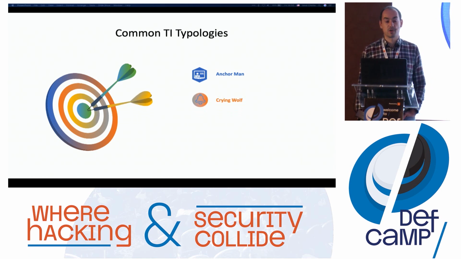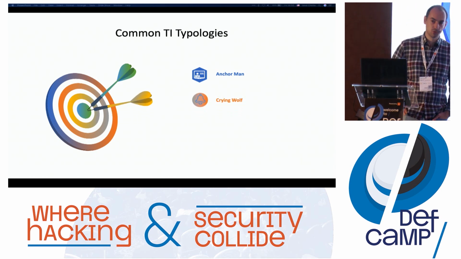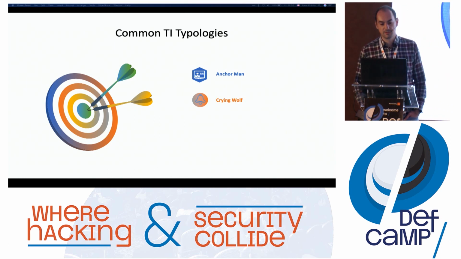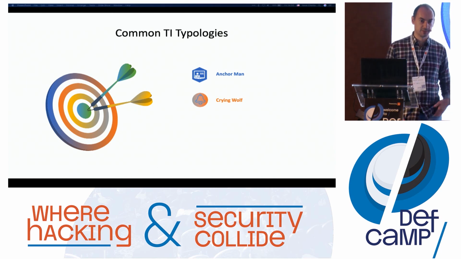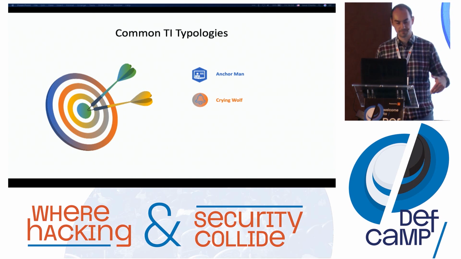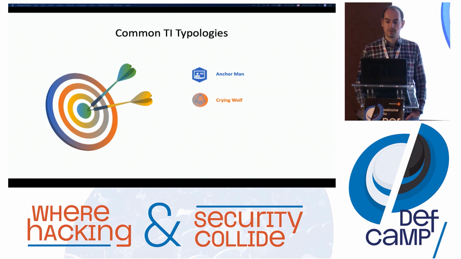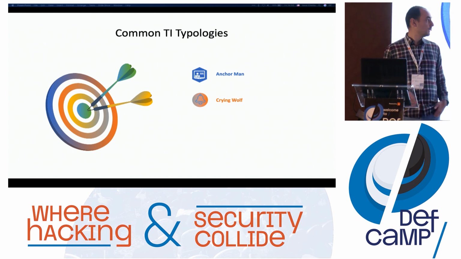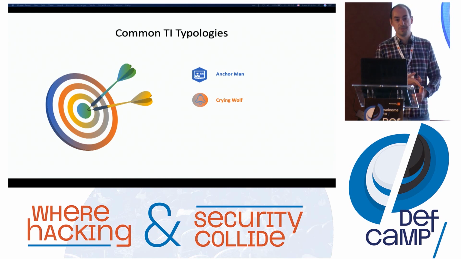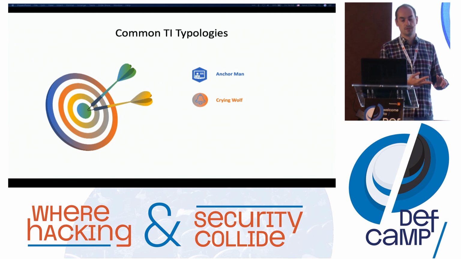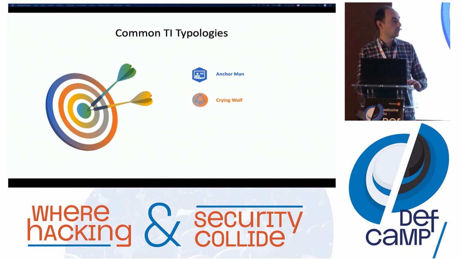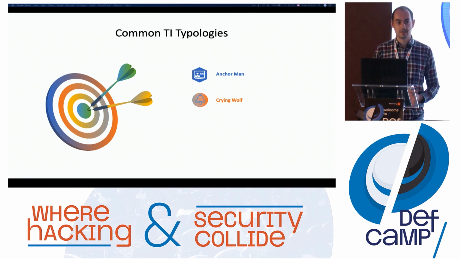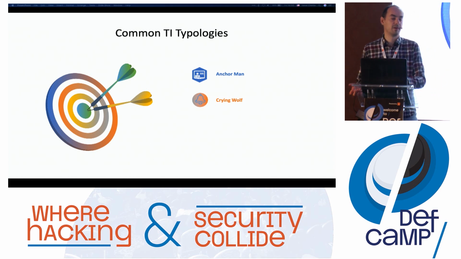The next type is the crying wolf. I wanted to name this one before the Undertaker, the grave digger. Why is that? Because this type of threat intelligence analyst comes either from an MSSP, or a vendor, or is an internal or external threat intelligence analyst who wants to impress your CISO or your SOC manager, hoping that he might be hired or something.